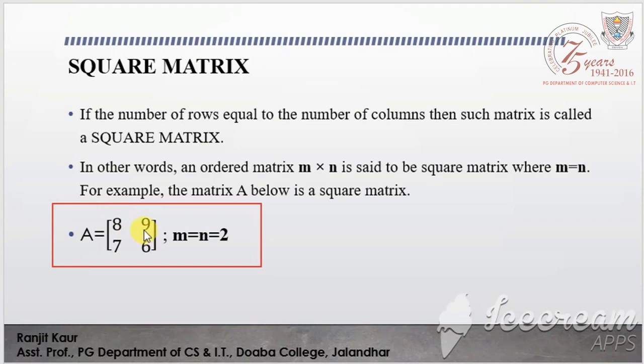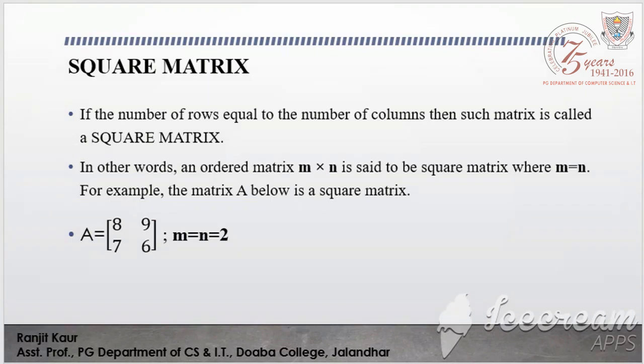That means 2 columns. Since this matrix has the same number of rows and the same number of columns, that is why this is known as a square matrix, and the value of m and n is the same. So this is all about your square matrix.